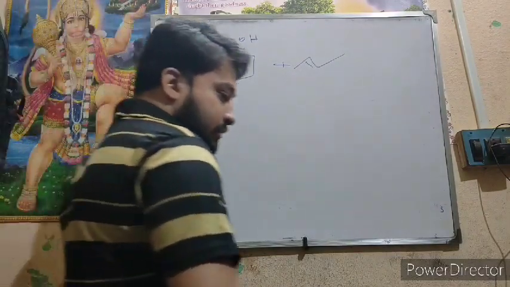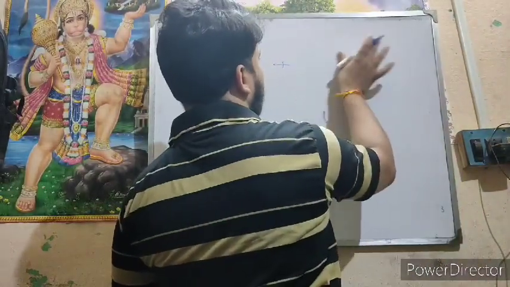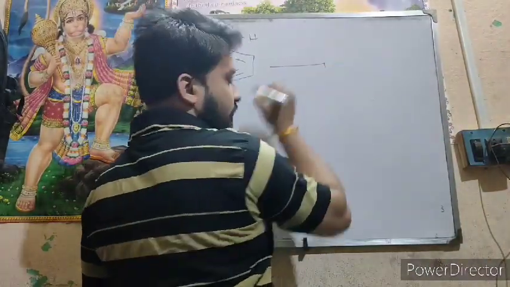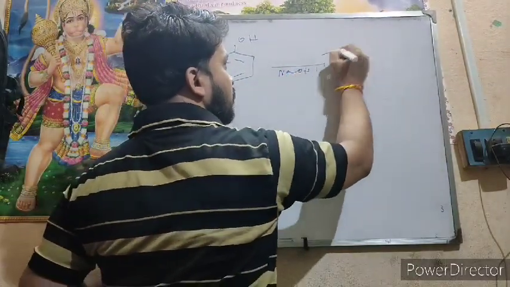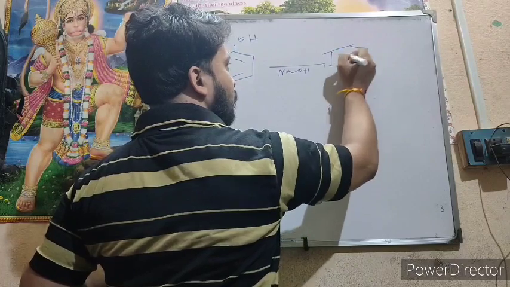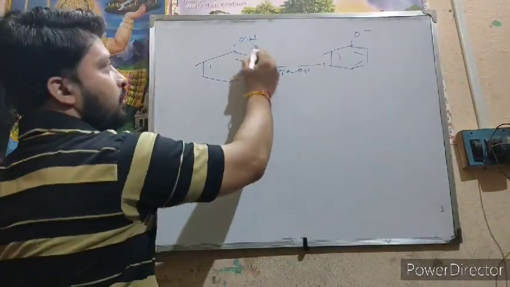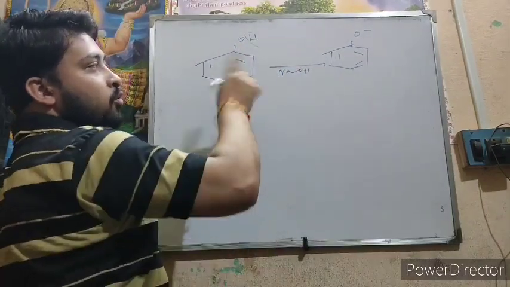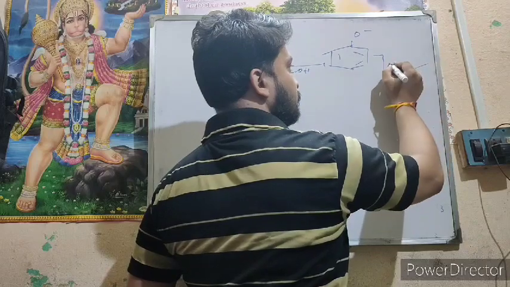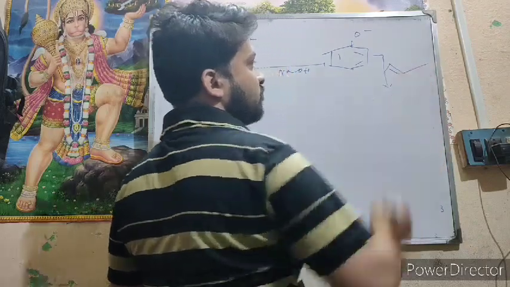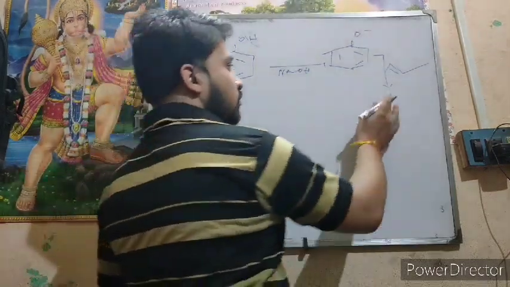What do you see, if you take this Cl, okay, I give you one more, NaOH, so you get here O minus. As the water molecule is removed from here, you get O minus. Then you use this one. Okay. So what do you get?